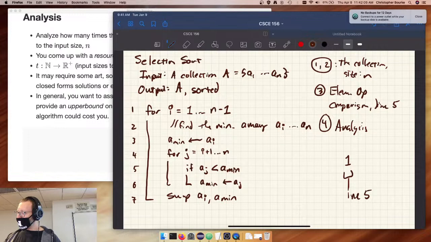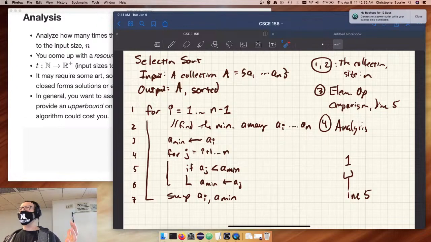All right, now let's expand our consideration here. Line 5, the block at line 5, is actually part of the for loop on line 4. So how many times is line 5 executed with respect to line 4? Well, it's executed when j is i plus 1, i plus 2, i plus 3, dot dot dot, n.